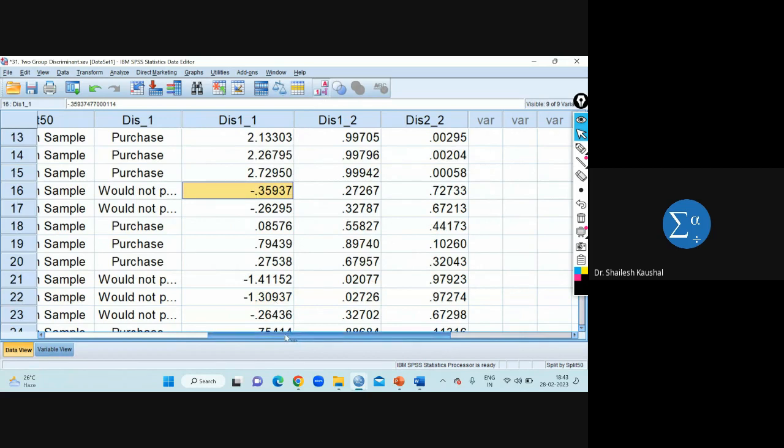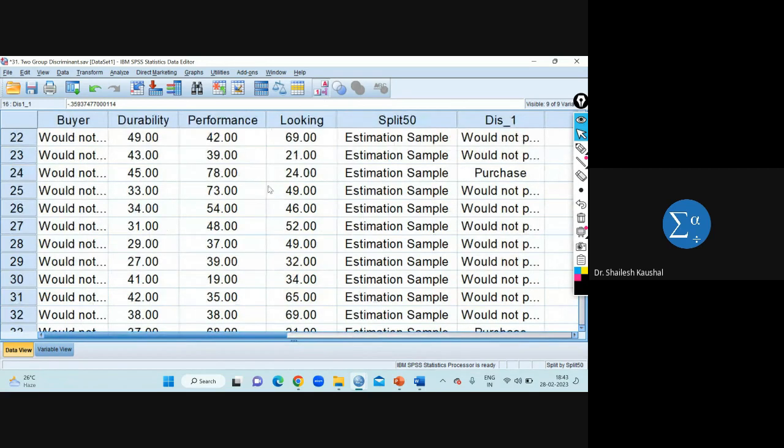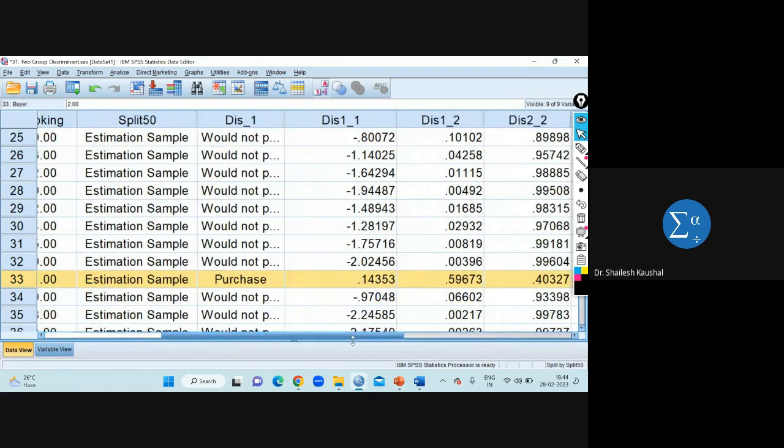And same for the would not purchase, there are two cases, case number 24 and case number 33. My model has not correctly classified these two cases, because for the would not purchaser the value should be minus, but my model is saying 0.1435, cutting value above 0, which is not desirable. So this is all about the discriminant analysis.